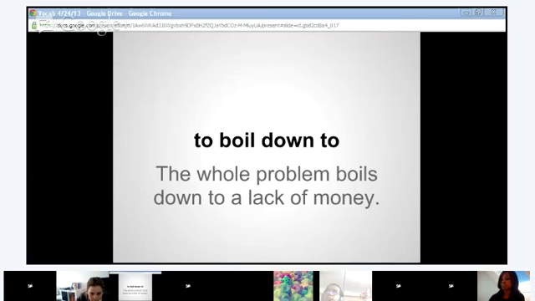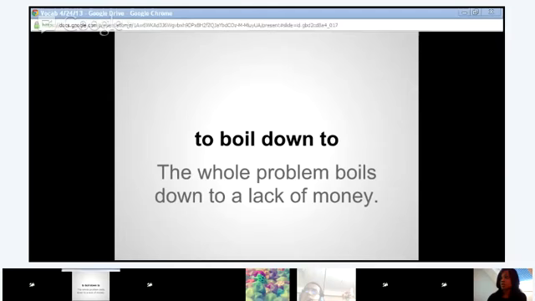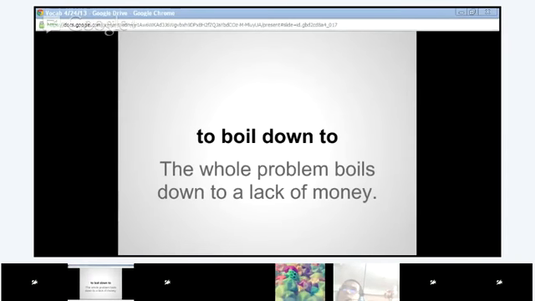Emre, would you read this one? "The whole problem boils down to a lack of money." Okay, excellent. What do you think, Emre, this one means, to boil down to? I don't know, sorry. That's okay. Think about this example.